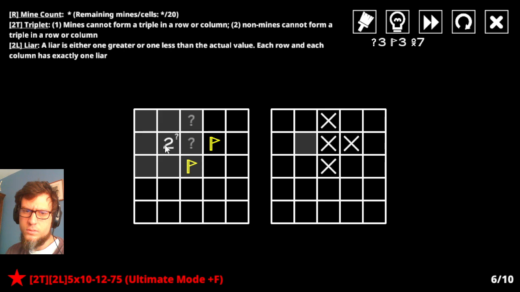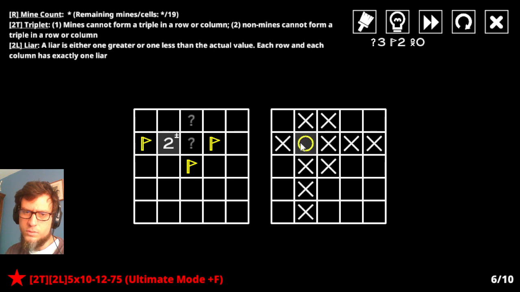Oh, this. There has to be one up here. A mine, that is. But if there's not a mine here, or if there's a mine here, then there... This would 2, yeah, okay, the 2 is lying for sure.